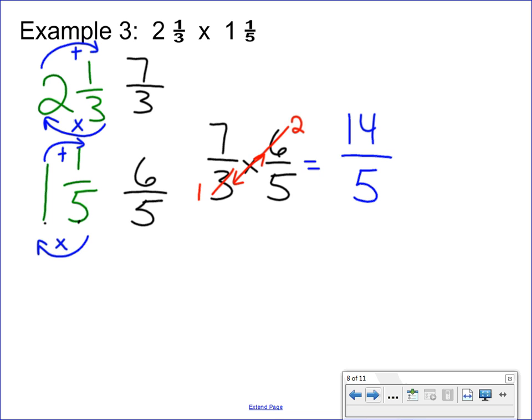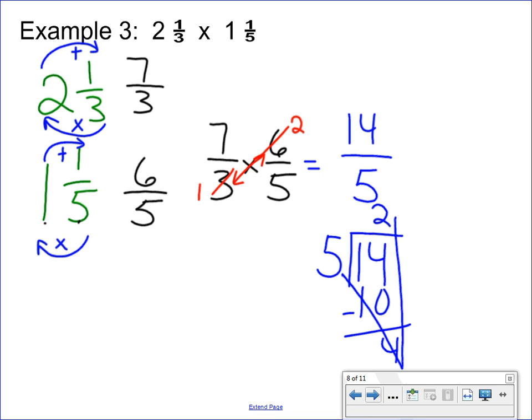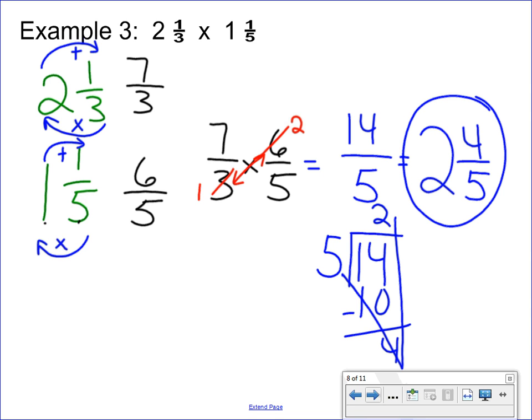Much smaller numbers and much easier numbers to work with when I'm dividing. So to convert this back to a mixed number, 14 divided by 5. 5 times 2 is 10, and I've got 4 left over when I do my subtraction. So I have 2 and 4/5. 2 and 4/5. And that is my final answer.